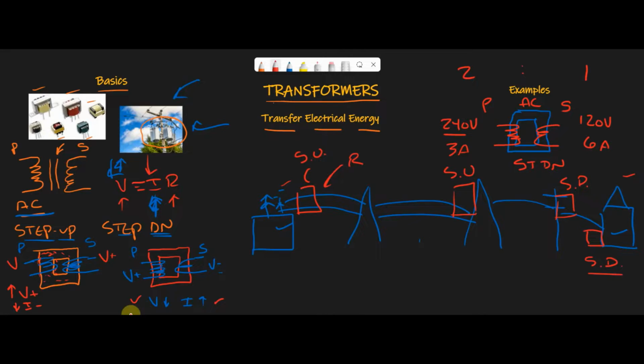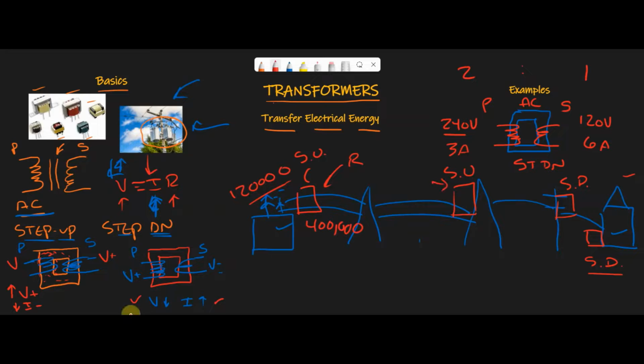Now, I could put numbers to this. I don't know how much sense they would make, but what if the power plant produced, I don't know, 120,000 volts maybe, and then we want to step that up to 400,000.